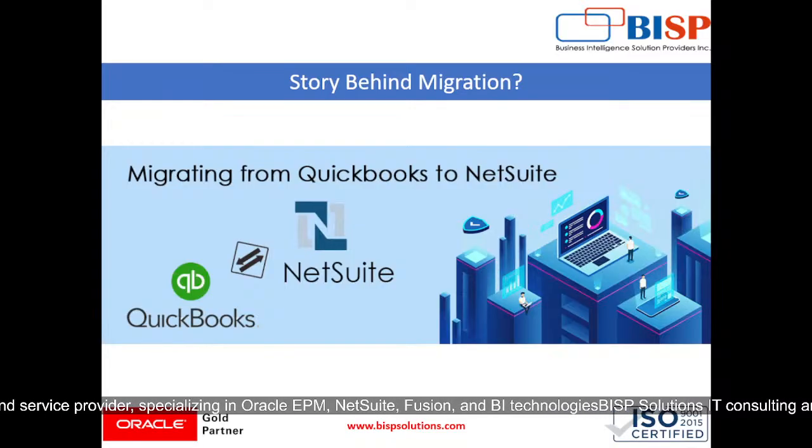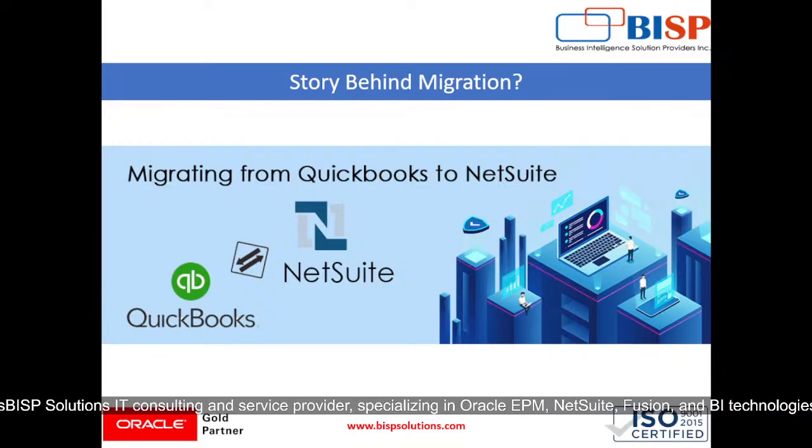So it provides scalability and growth, which means as our business grows, QuickBooks may no longer meet our complex needs. So NetSuite can handle multiple business processes such as accounting, inventory and customer relationship management all in one platform. Also, it streamlines our operations.